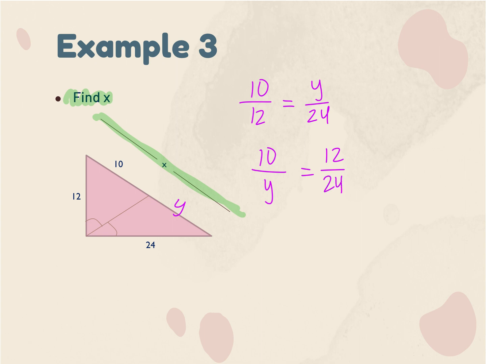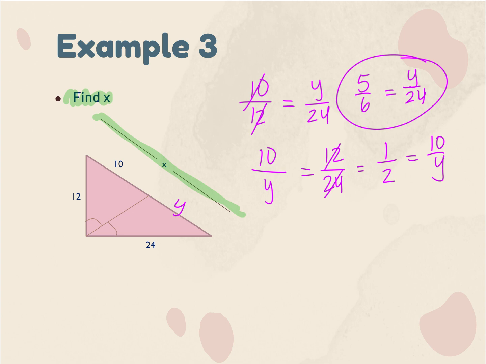Personally, this one would have been a little easier. So if you did that one, you definitely had an easier chance getting to y. Simplifying this, you're going to get 1 over 2. So you have 1 over 2 and 10 over y. And then you could have simplified this one to 5 over 6 and y over 24. So this one you're going to have to do a little more work.